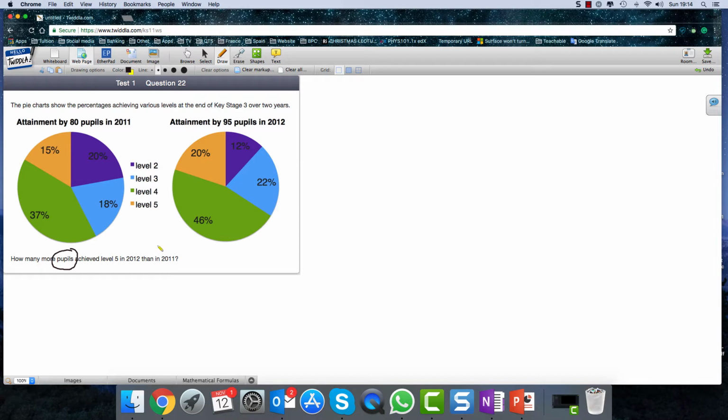So we need to work out how many pupils achieved level 5 in each of those two years and then subtract them. When we look at the pie charts themselves, they don't have numbers of pupils on them, they've got percentages.